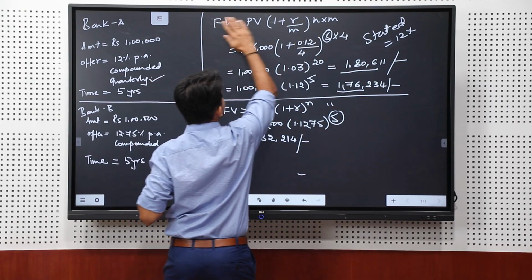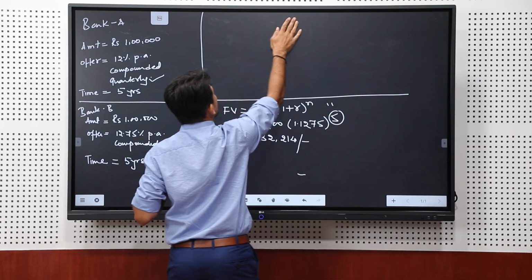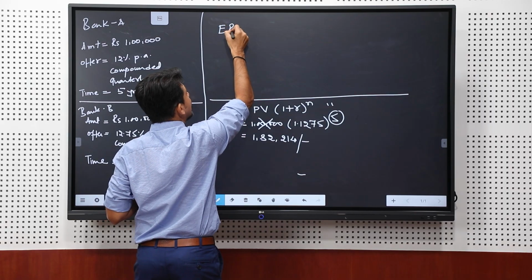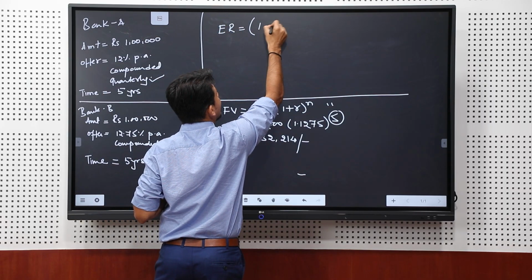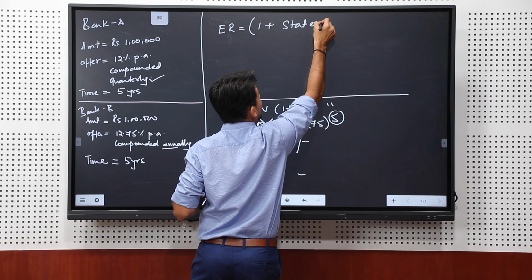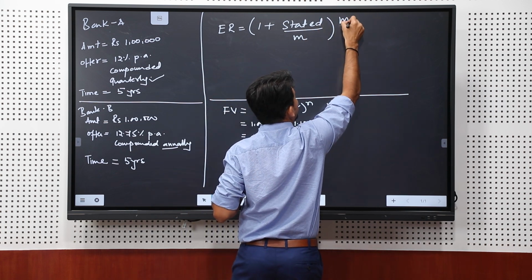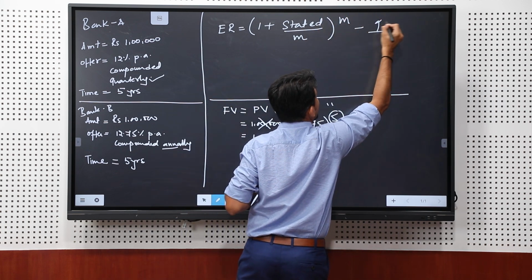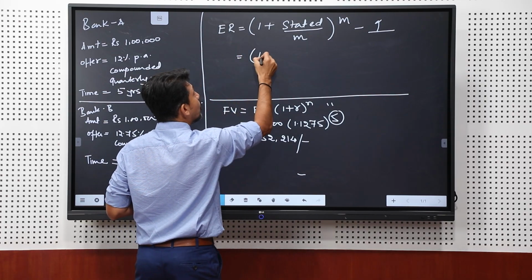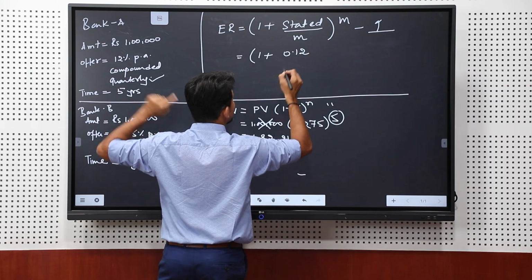And what I can do is, I can calculate the effective rate of interest with the help of this formula, that effective rate is equal to 1 plus the stated rate divided by m, the whole raised to m, minus 1. Let me plug in the values. 1 plus 0.12, 12% is the stated rate.